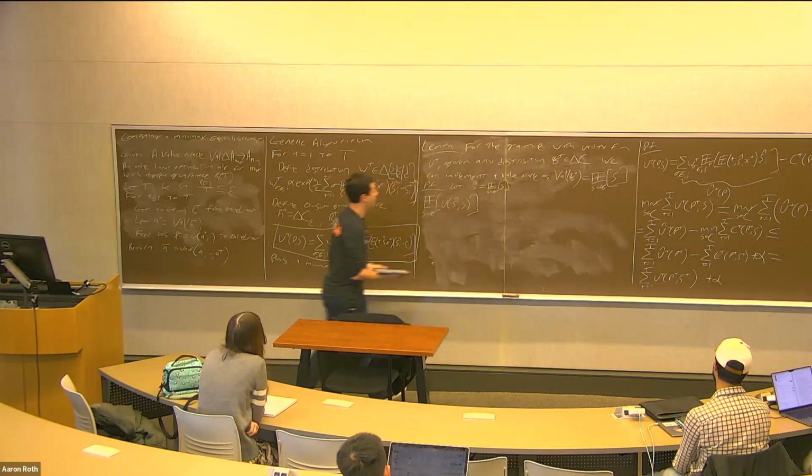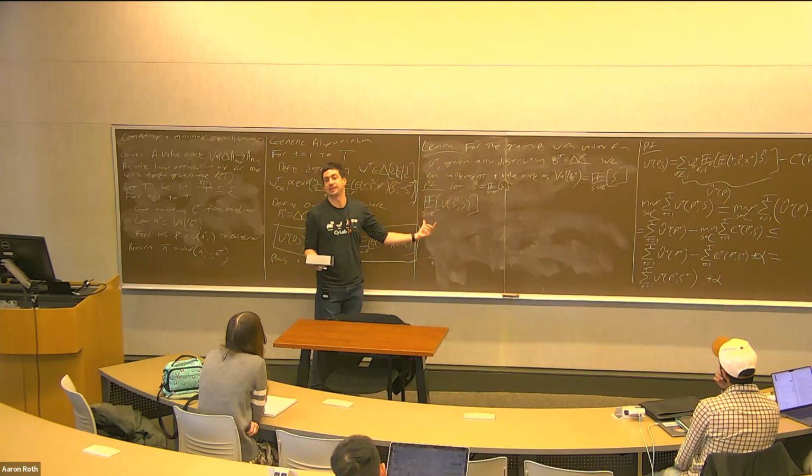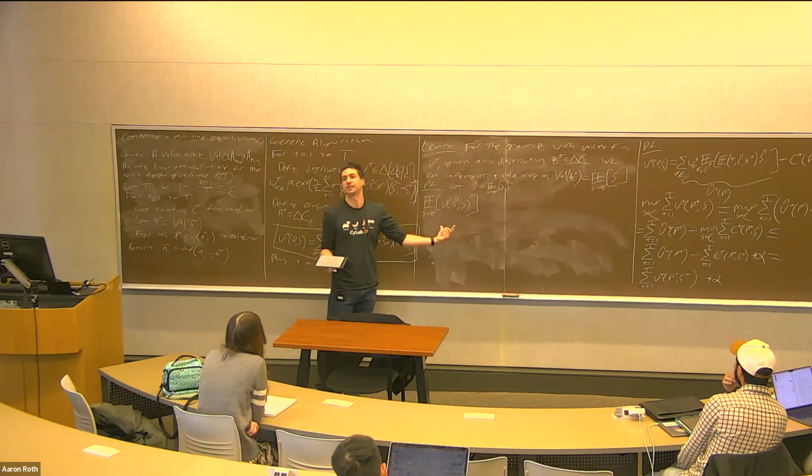Okay, what we need to show is that this thing is 0. That's what a value oracle promises.